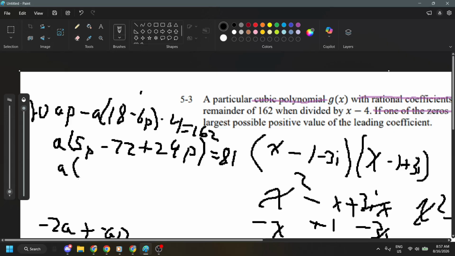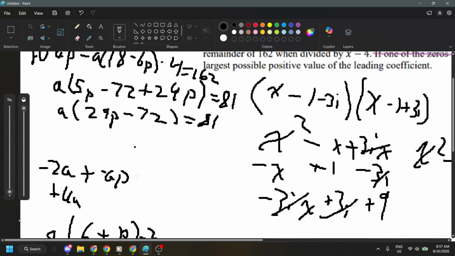So it's going to be a times 5p, no, 29p minus 72. 29 is in fact a prime number, so interesting. The largest possible value of a should be 81, if this can be 1.